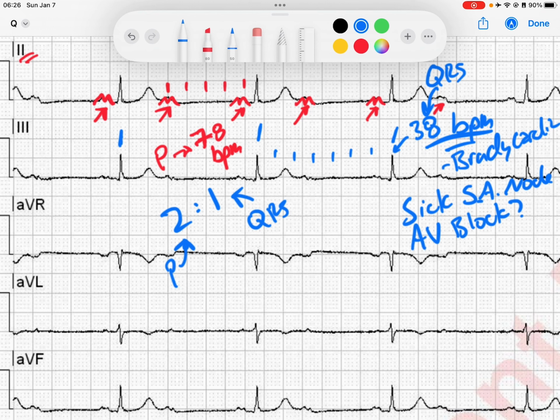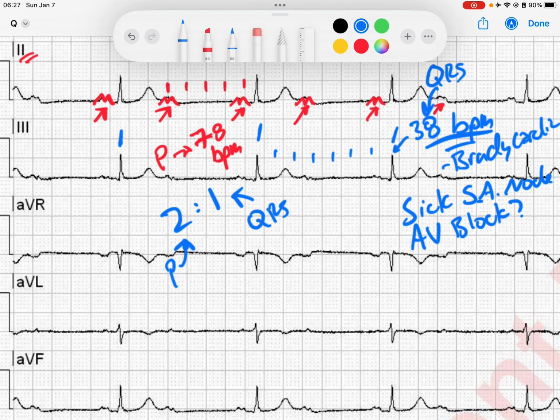What does that mean? So remember, in first-degree AV blocks, every P conducts to a QRS. It just takes a longer time to do that, and so our PR interval is lengthened. In a third-degree AV block, none of the P waves conduct to a QRS.